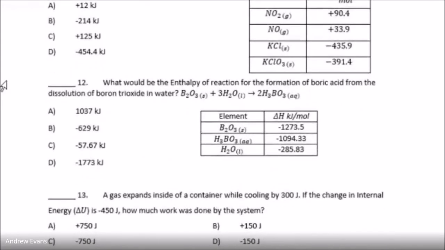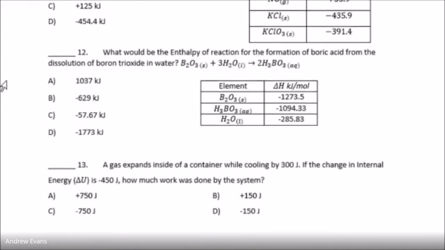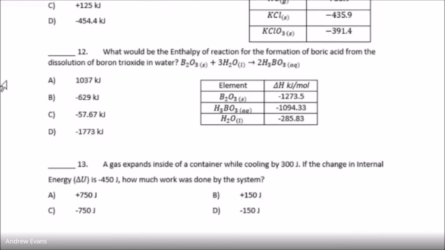What would be the enthalpy of the reaction for the formation of boric acid when you dissolve boron trioxide in water? So just more of the same. B2O3 plus 3H2O goes to 2H3BO3.